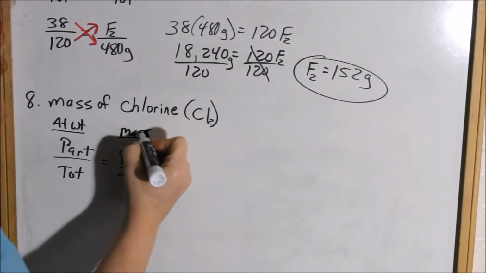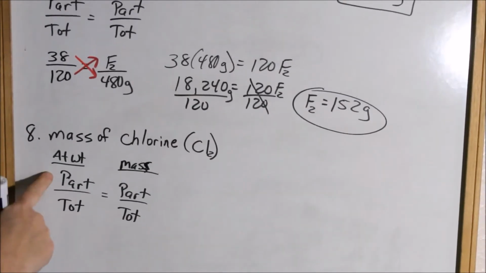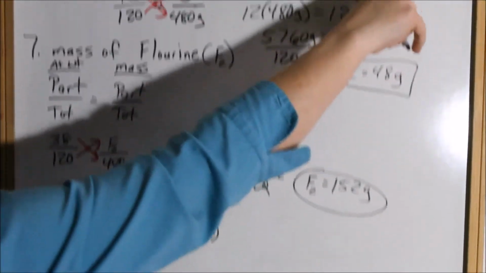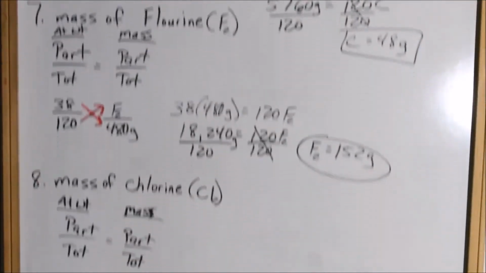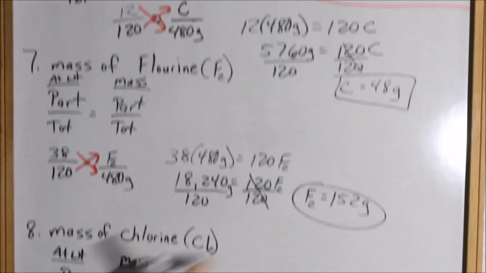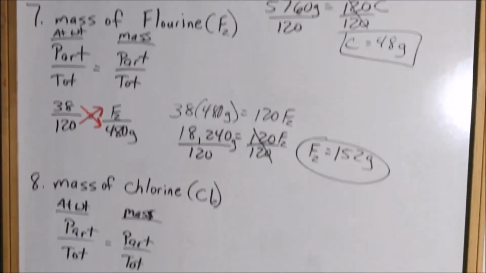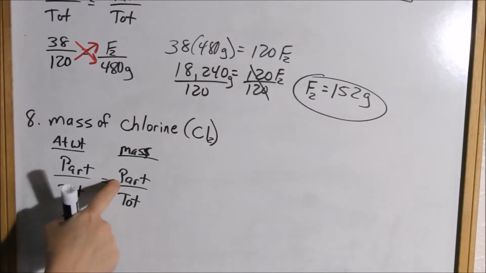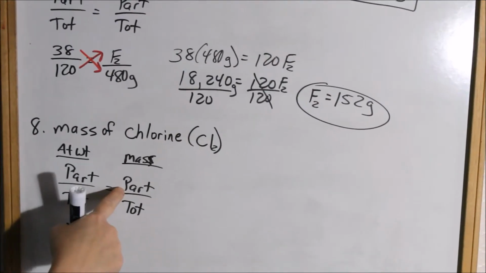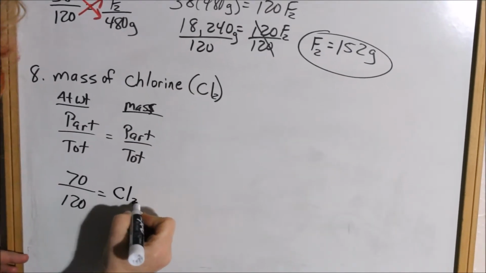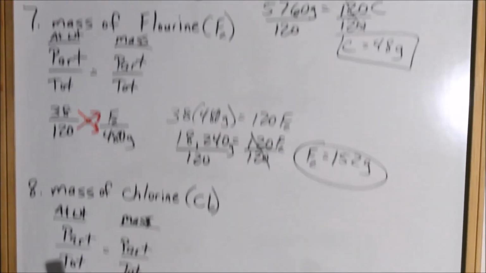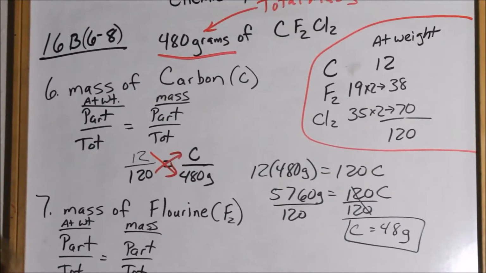So for the atomic weight, chlorine alone was 70 over the total atomic weight, which is 120, and then the mass of the chlorine, we don't know that, so we're going to leave it as that. And then the total mass of the compound was 480 grams.